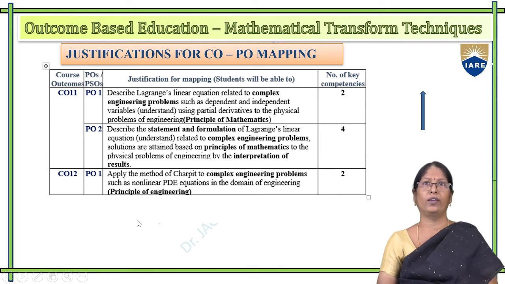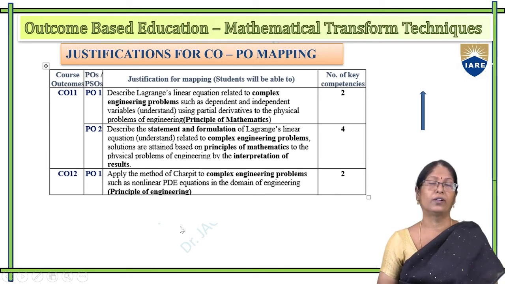In such a way, the connectivity to the program outcomes means that at the end of the program, the student should fulfill the requirements of the engineering degree program. This is because the 12 program outcomes described by NBA reflect the requirements of the particular engineering degree program.